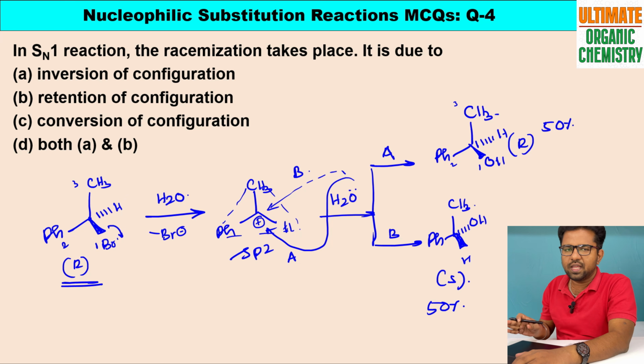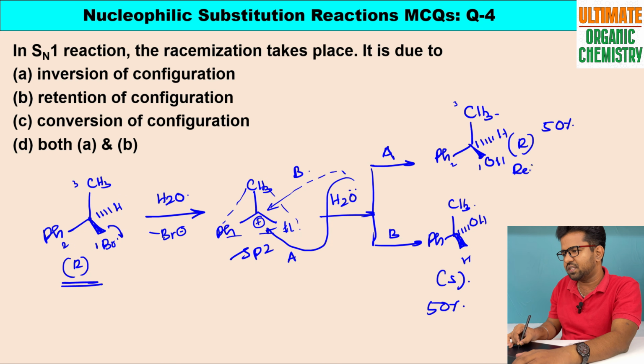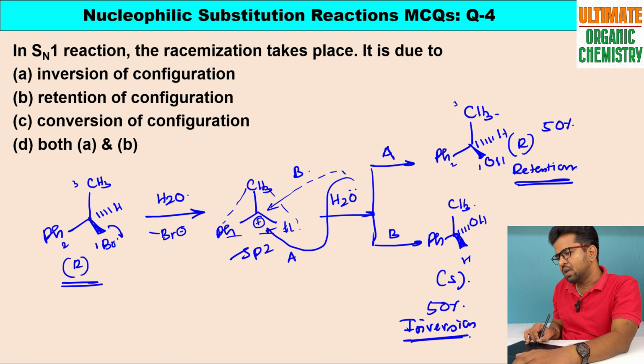So in product A, the configuration of the reactant is retained. So that means this is retention of configuration. And in product B, the configuration of reactant, that is R, is converted into S. That means opposite configuration is formed. So this is known as inversion. So 50% retention product and 50% inversion product will be formed.